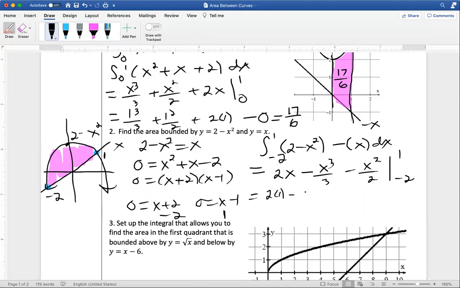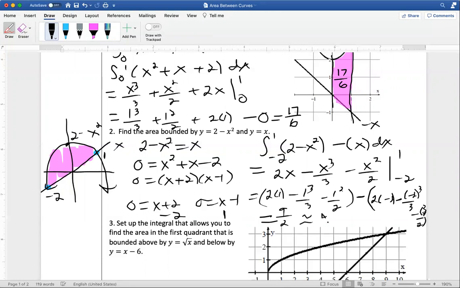So 2 times 1 minus 1 cubed over 3 minus 1 squared over 2 minus 2 times negative 2 minus negative 2 cubed over 3 minus negative 2 squared over 2. And I compute that value and I get 9/2 or 4.5 for my area.